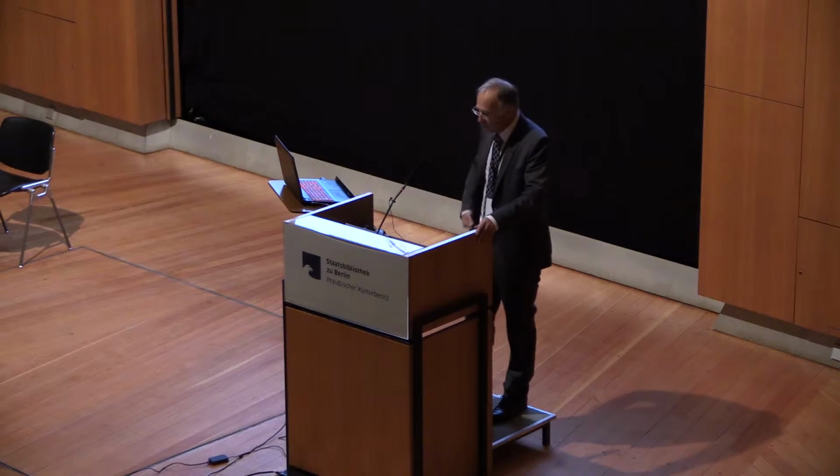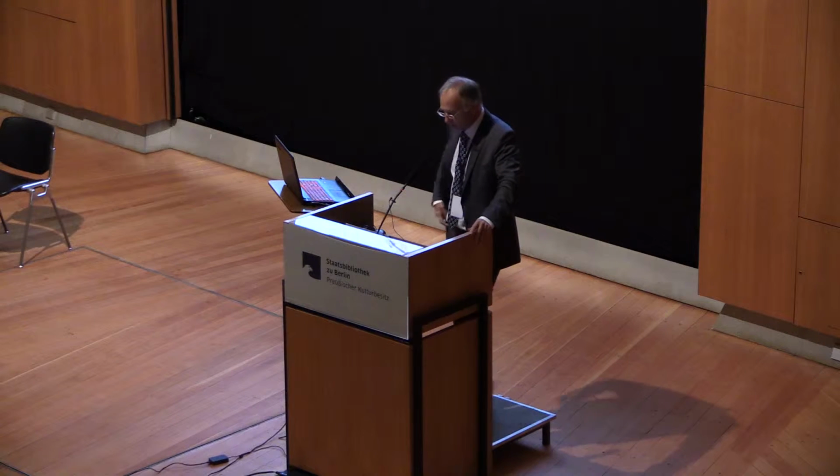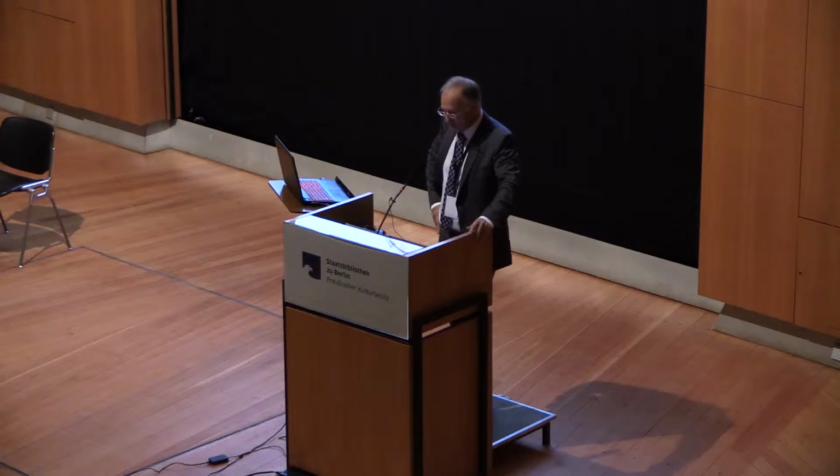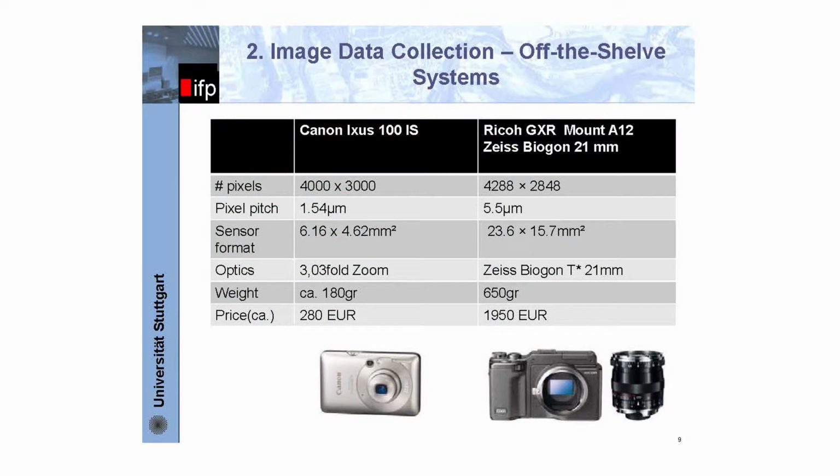But we can also use off-the-shelf systems. Well, the Nikon was already one off-the-shelf, but we can also use amateur systems like a Canon Ixus, a Ricoh, or whatsoever. You see here the Ixus, this was 280 euros, and the Ricoh is 1,950 euros. What makes the difference? The difference I would like to give you shortly in one sentence: the difference is the pixel pitch.